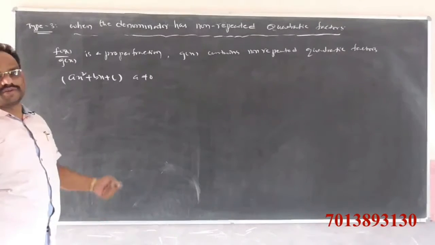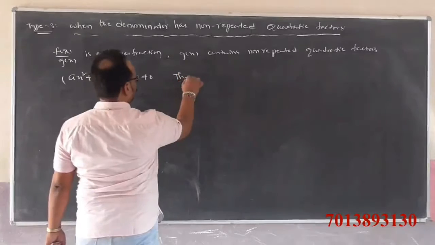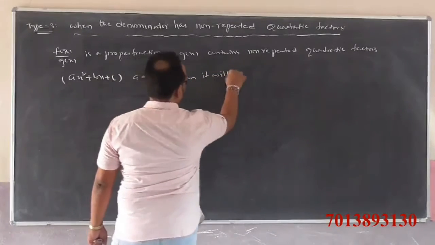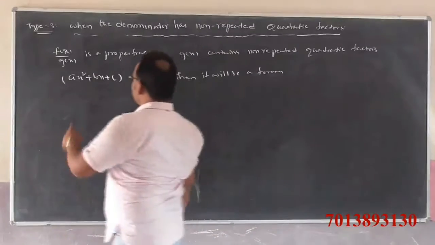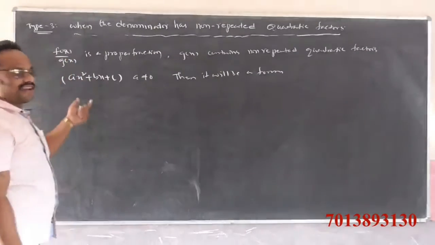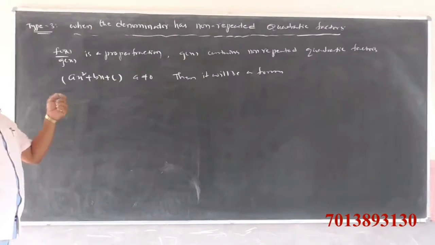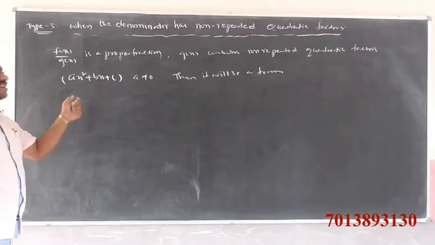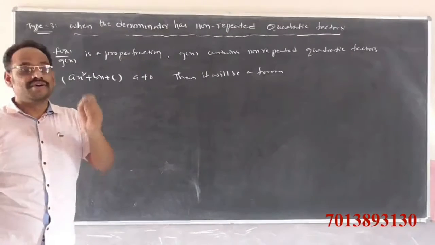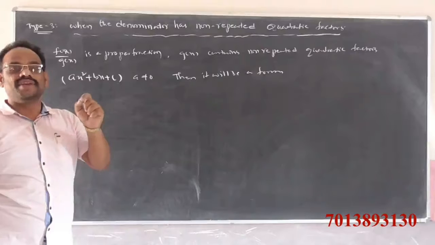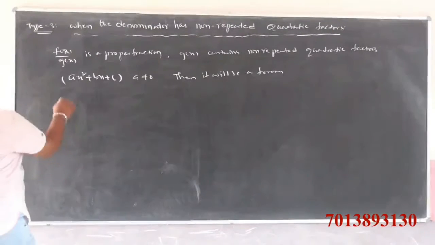How to resolve into partial fractions means it will be of this form. If it has linear factors, we will write numerator constants. If it has quadratic factors in the denominator, the numerator is compulsorily a linear factor.